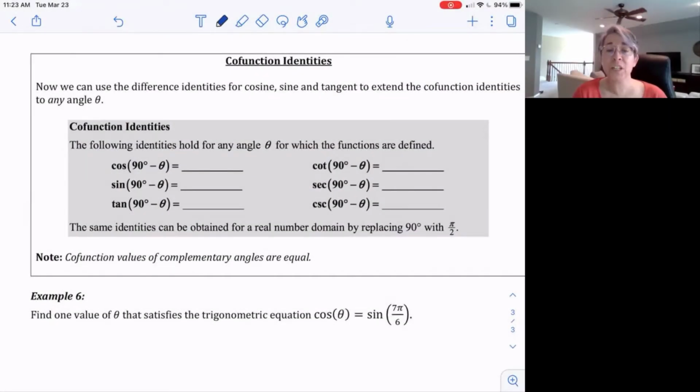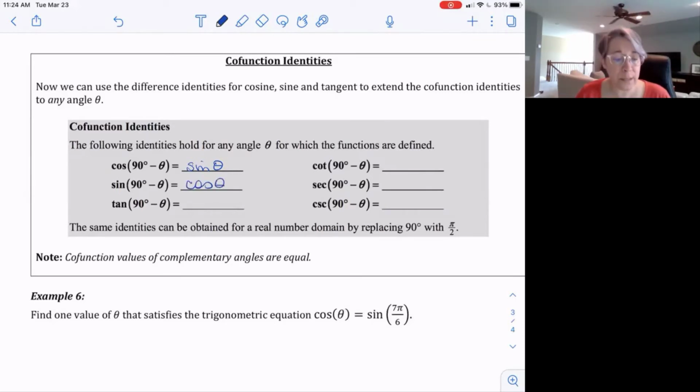Now there are cofunction identities that can also come in handy. The following identities hold for any angle theta for which the functions are defined. Cosine of 90 degrees minus theta equals sine of theta. Remember, cofunctions and complementary angles add up to 90. Cosine of 30 equals the sine of 60. Sine of 90 minus theta is the same thing as cosine of theta.